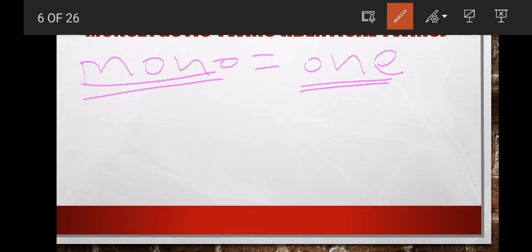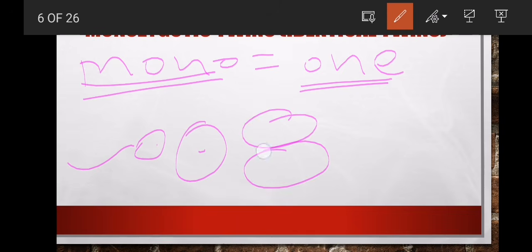So what does this mean, good people? This simply means that these are twins that develop from the fusion of one sperm cell and one egg cell. So what does it mean? It means there will be one sperm cell that will fuse with one egg cell, and then they will form what?